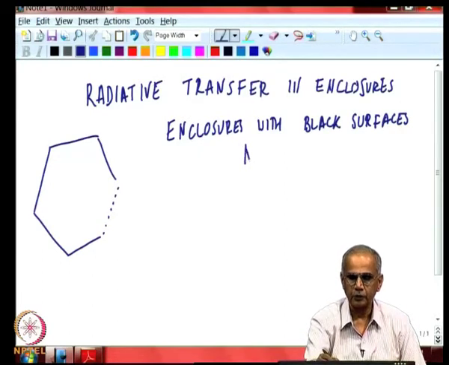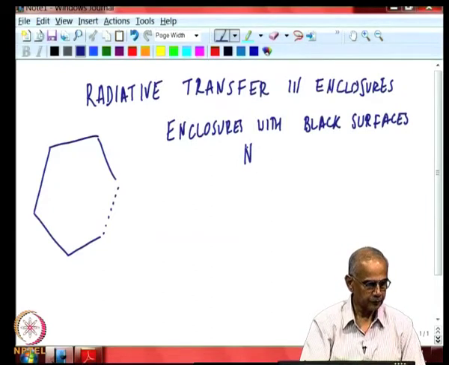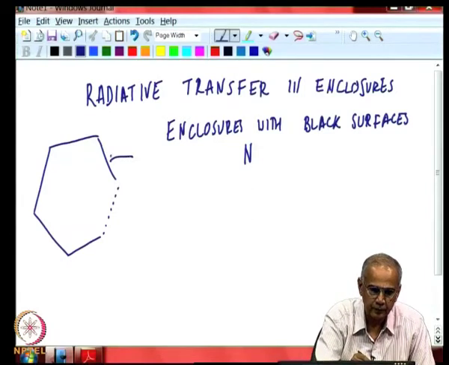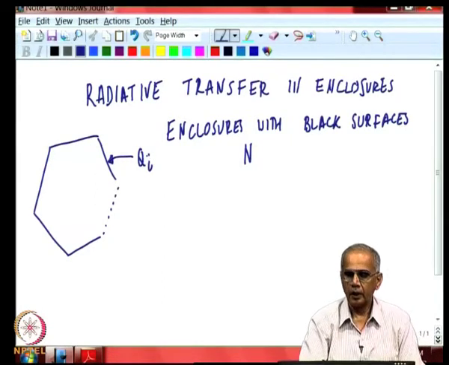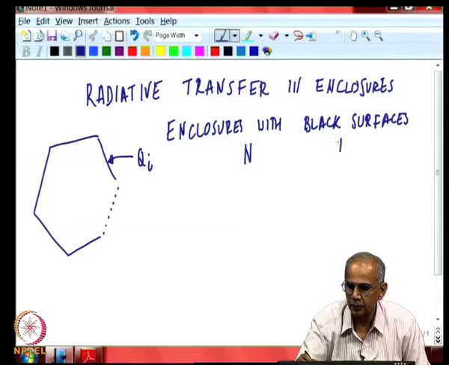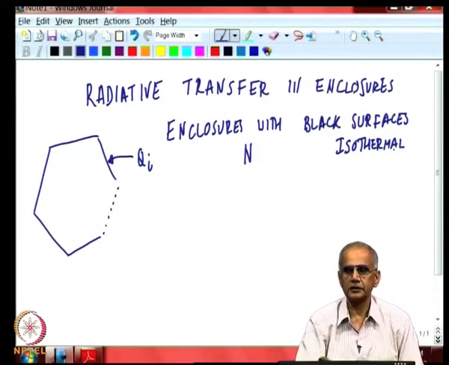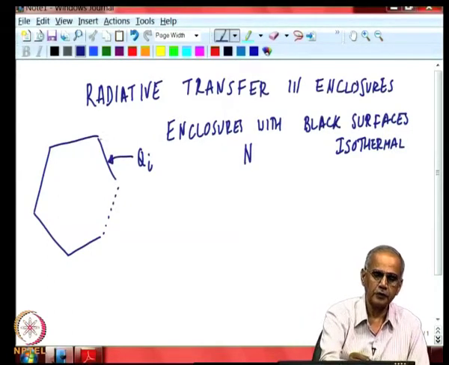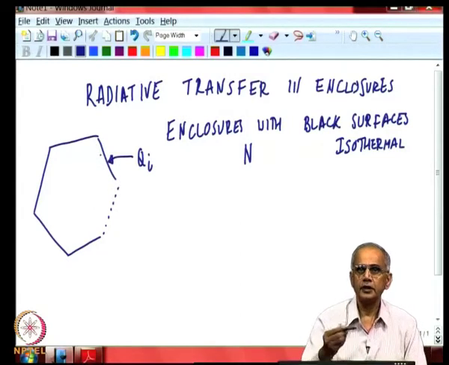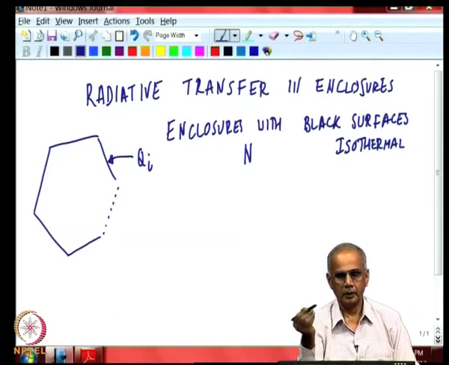Let there be N surfaces in the enclosure, capital N, and let us say this is the ith surface; the heat added to the surface is Q i, and assume all surfaces are isothermal and uniform. This is not a very restrictive assumption, because in case a surface is not isothermal, we can divide it into subsurfaces, each of which can be assumed to be isothermal.